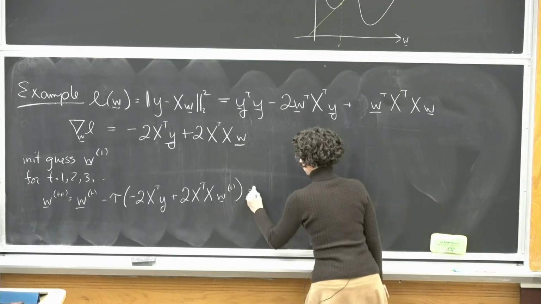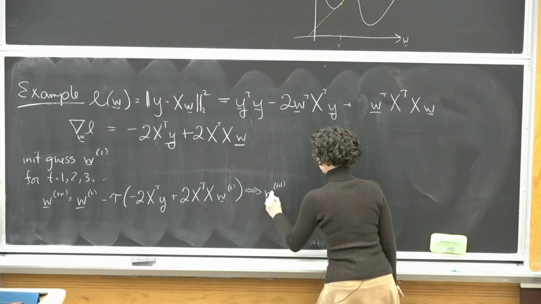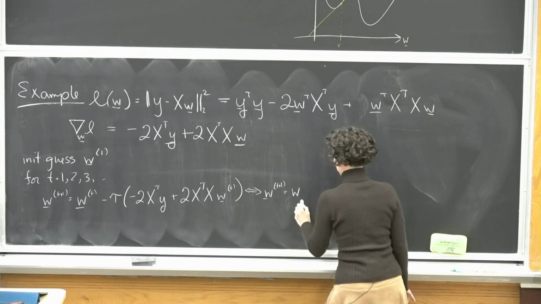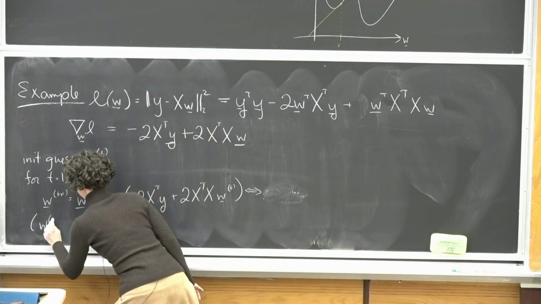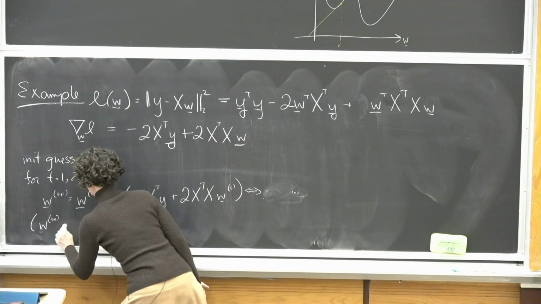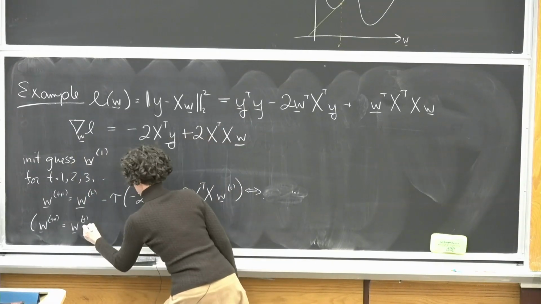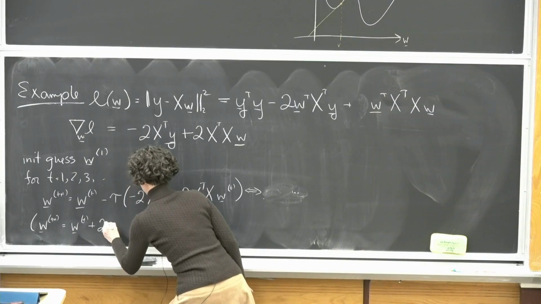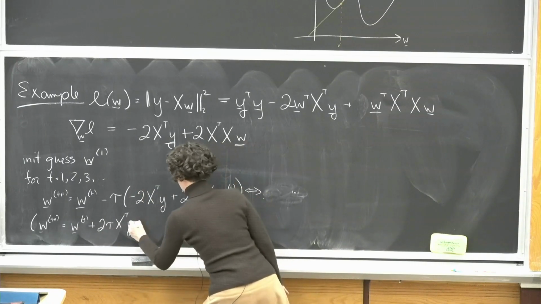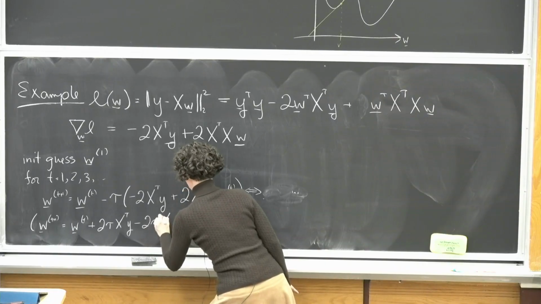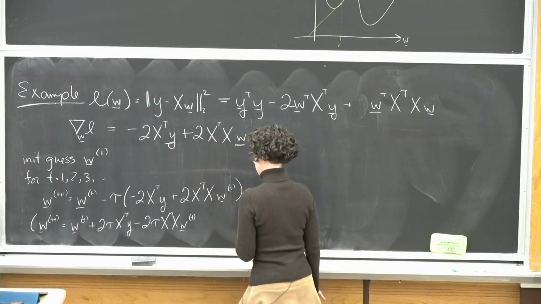Or if it's easier, we can write this as W_{t+1} is equal to W_t plus 2 tau X transpose y minus 2 tau X transpose X W_t.